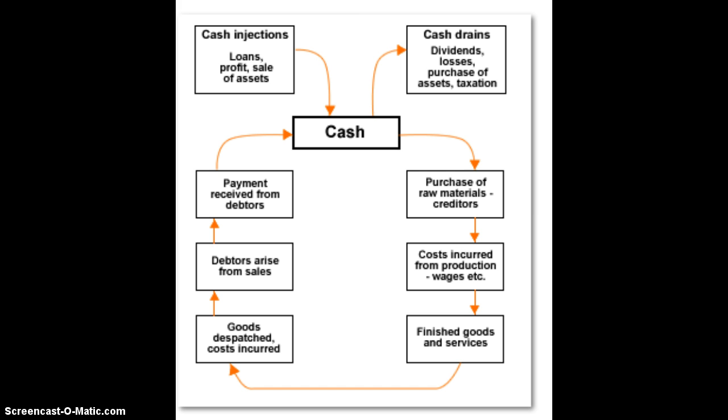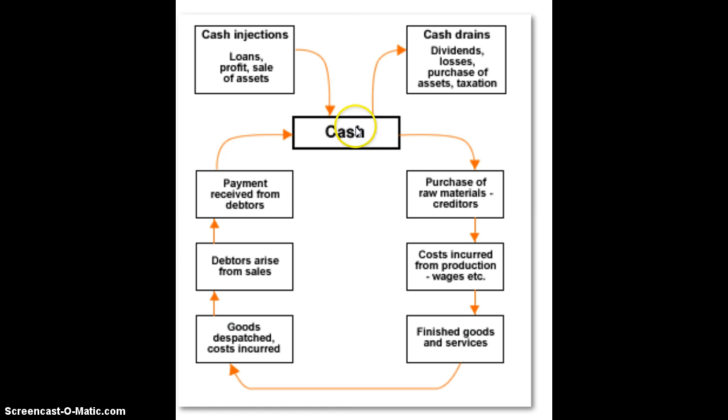And so now that we have an understanding of current assets and current liabilities, let's look at the diagram right now. In the middle, it's just cash, and we all pretty much know why cash is important. But this diagram is really interesting because it can give us a sense of what the working capital is.